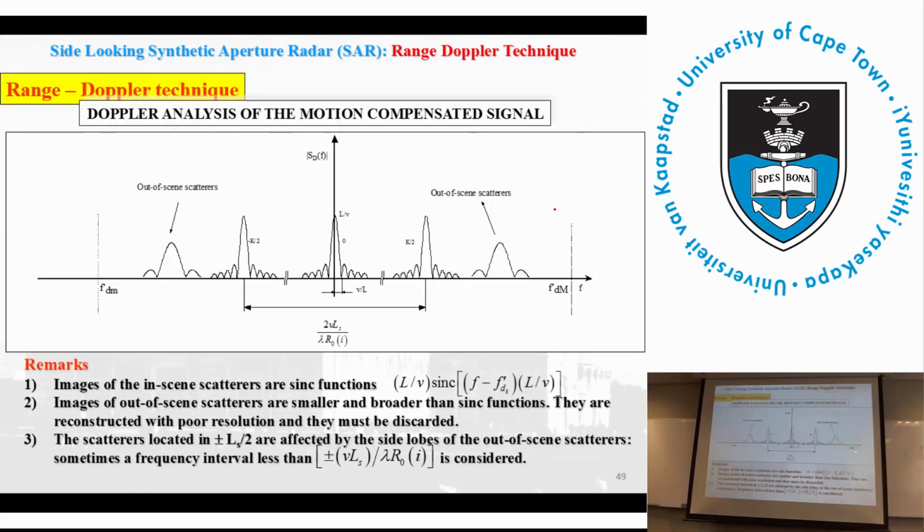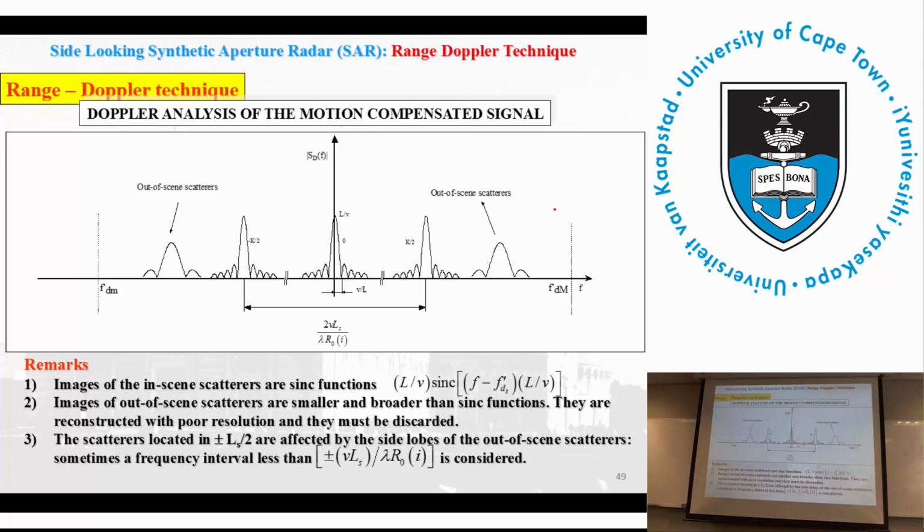That means that I can invert that equation and rescale these f's into x. And what's x? It's my azimuth. So this is actually my profile along the azimuth. And if I can do this for this range cell, and for the next range cell, and so on and so forth, then I can form my SAR image in this way.